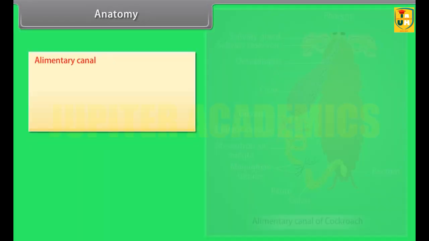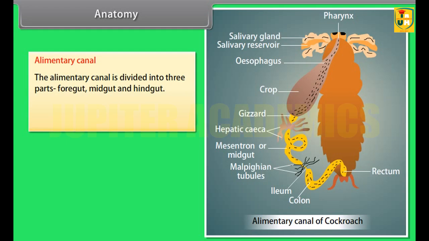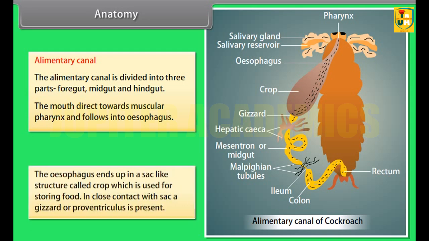Anatomy. Alimentary canal. The alimentary canal is divided into 3 parts: foregut, midgut, and hindgut. The mouth leads towards the muscular pharynx and follows into the oesophagus. The oesophagus ends up in a sac-like structure called the crop, which is used for storing food.